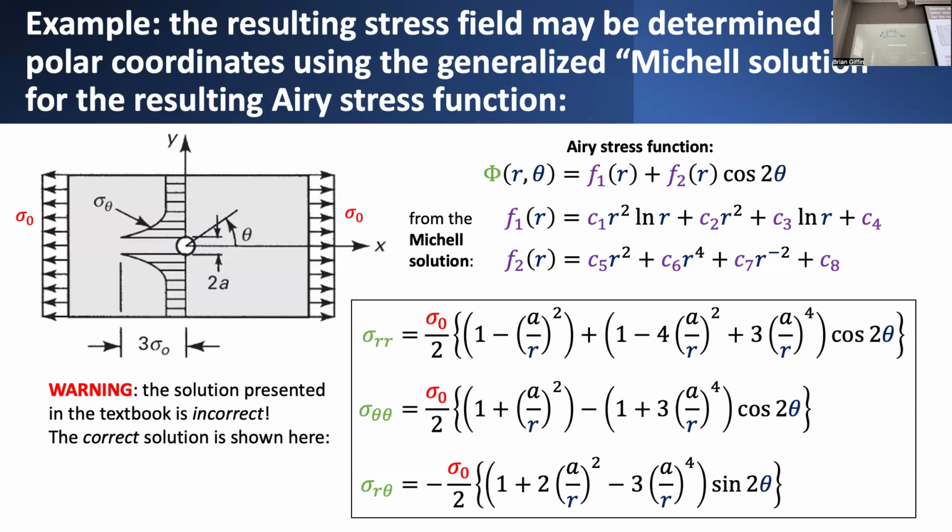Maybe there's the natural logarithm of r, there's r squared, there's r squared times the natural logarithm of r, and other terms, plus some terms multiplied by things like cosines of theta in different integer numbers. So composing solutions from this bucket of functions, which automatically satisfies compatibility, really simplifies the amount of work that you have to do.